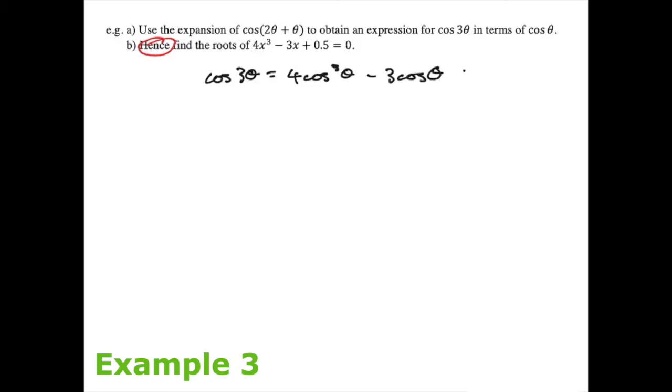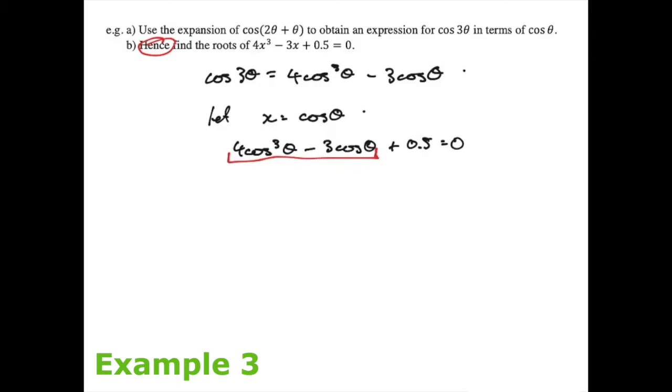So if I let x equal cosine theta, then I get 4 cosine cubed theta minus 3 cosine theta plus a half equals 0. Okay, now hopefully you guys can see that this is cosine 3 theta. So cosine 3 theta equals negative 1/2.